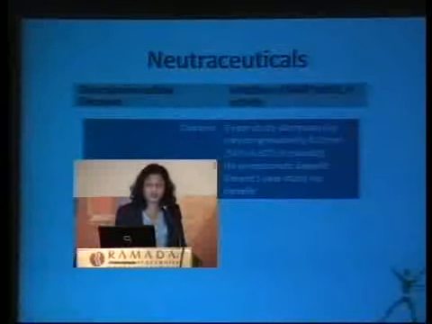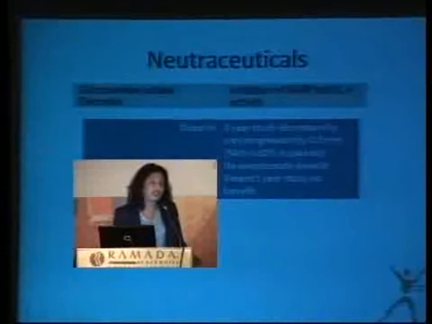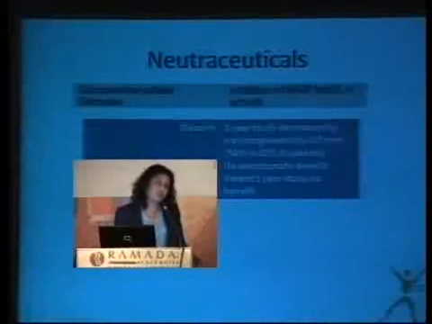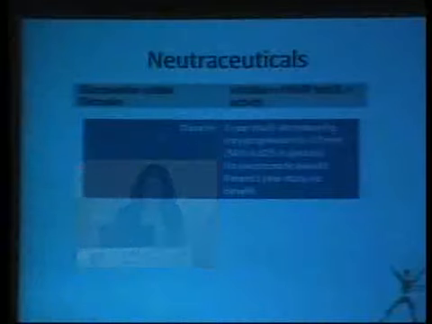Diacerein, the first 3-year study, showed that the X-ray progression decreased in hip osteoarthritis by 0.5 millimeters. There was 62% of placebo patients had progression of disease versus 54% of patients on diacerein. So some mild benefit, but a recent 1-year study showed no structural or symptomatic benefits. So it doesn't work.